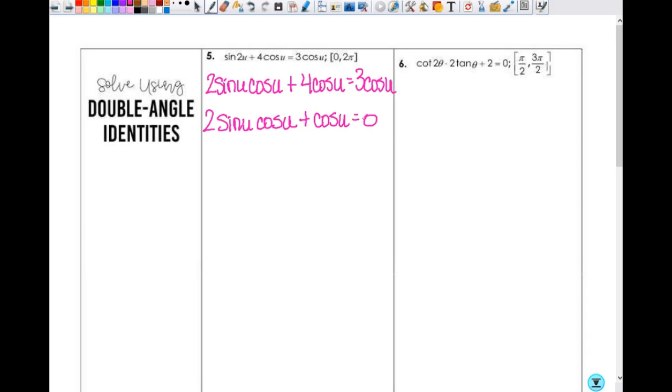I got a GCF. So my cosine u can factor out. That leaves me with 2 sine u plus 1 equals 0. Now I got it factored. I can set each factor equal to 0. So cosine u equals 0 and sine u equals negative 1/2.